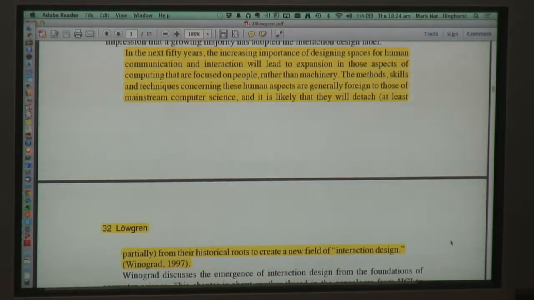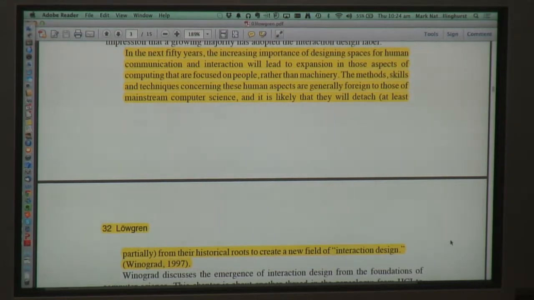And he says, in the next 50 years, the increasing importance of designing spaces for human communication and interaction will lead to the expansion in those aspects of computing to focus on people rather than machinery. These methods, skills and techniques concerning these human aspects are generally foreign to those of mainstream computer science, and it is likely they will detach, at least partially, from the historical roots to create a new field of interaction design. And that was in 1997, and indeed it's kind of happening now.